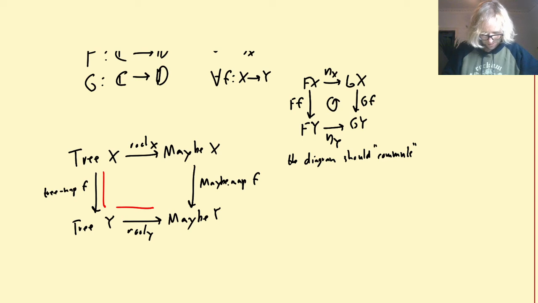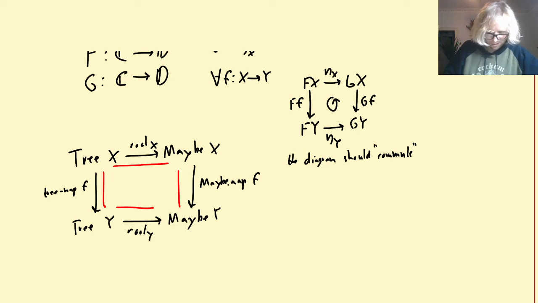And then going across, if there is a root, we're going to return it, otherwise we're going to return nothing. Whereas if we go this way, then here, if there is a root, we're going to return it. And then going down, if it's a just, then we're going to apply f to that value. And if it's a nothing, then we're just going to return nothing.